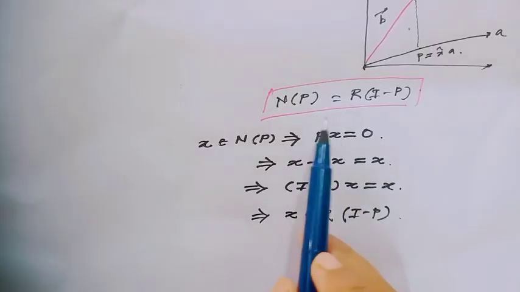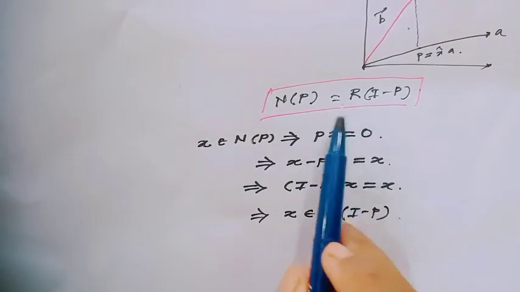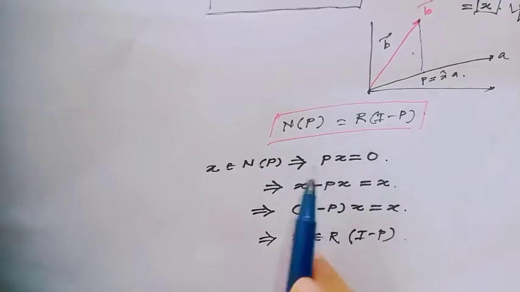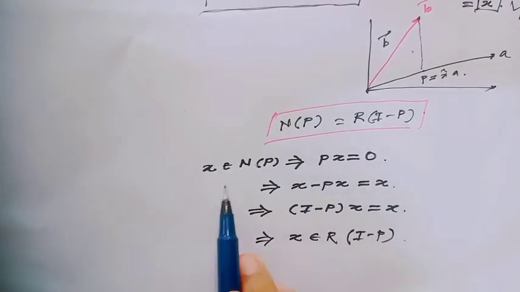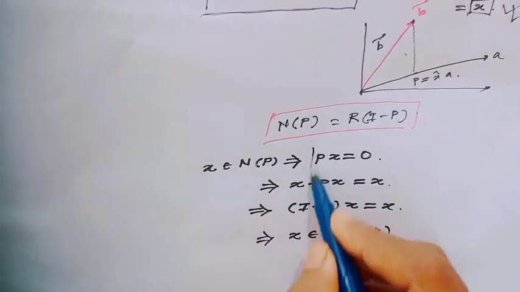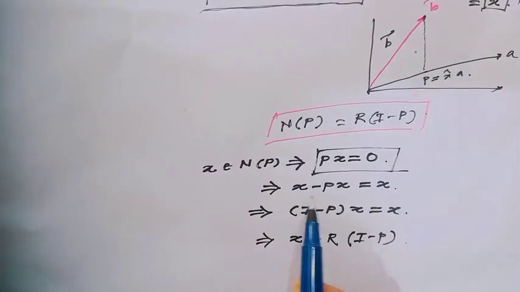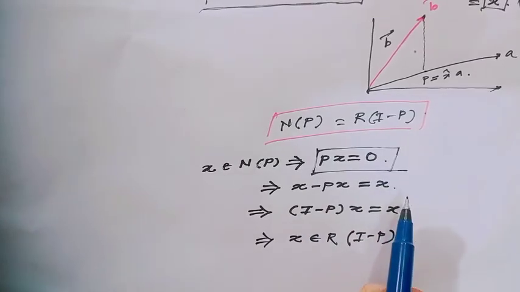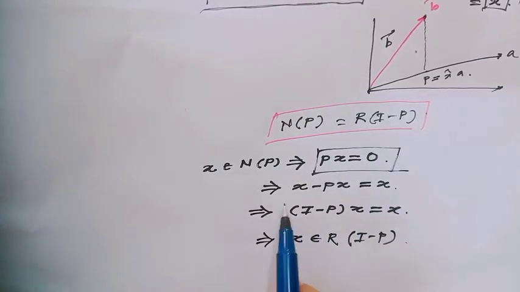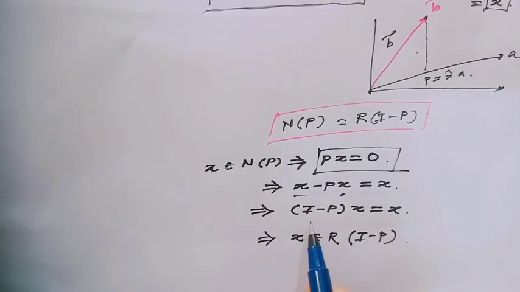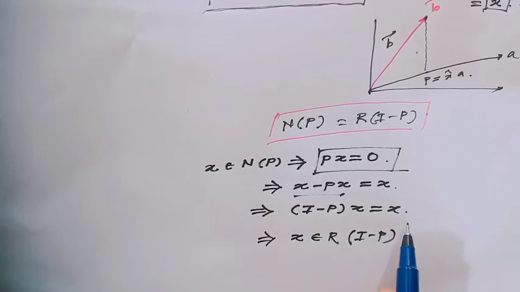Okay. Again we have to prove the null space of P equals the range space of I minus P. For this, x belongs to the null space of the projection mapping, which means obviously Px equals 0. Now add x and subtract x, then this would be x minus Px equals x. Now take x common from this equation, then (I minus P)x equals x.